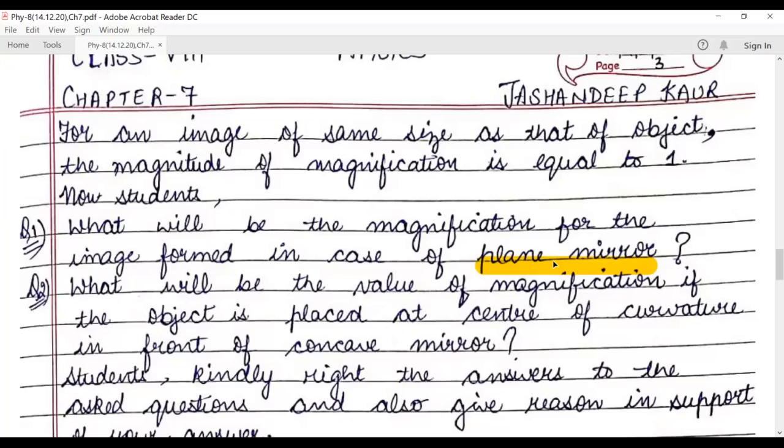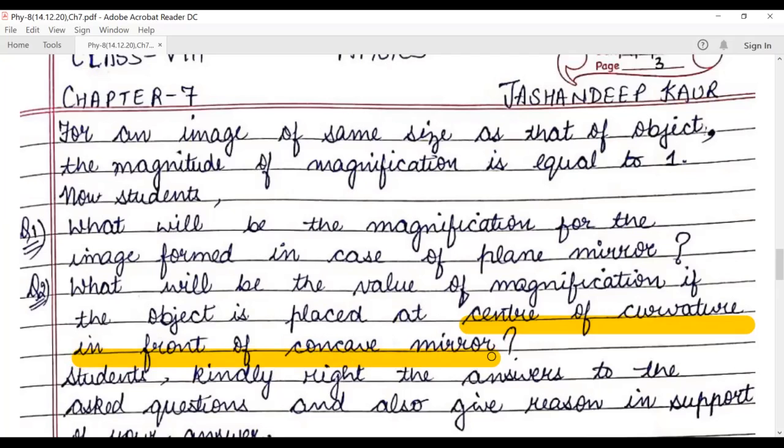You have to give the complete value of magnification. Question number 2: what will be the value of magnification if the object is placed at the center of curvature in front of a concave mirror?